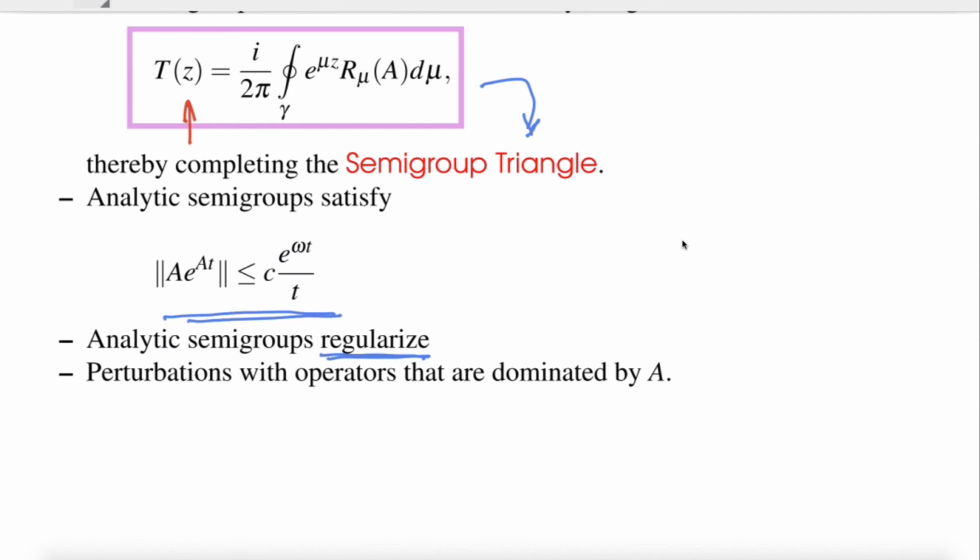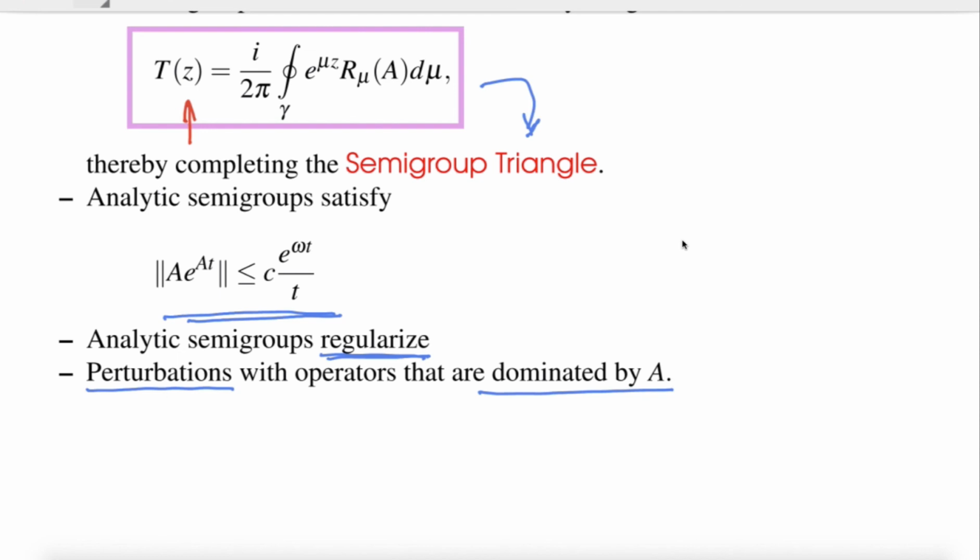And finally, we've shown a second perturbation result where we can perturb analytic semigroups by operators that are dominated by A. They don't have to be bounded because A doesn't have to be bounded, but the norm of Bx has essentially to be less or equal to the norm of Ax.